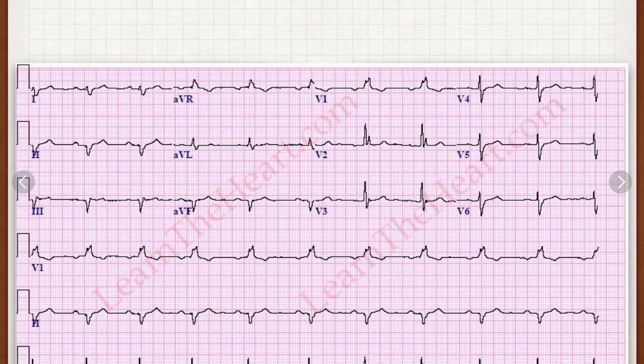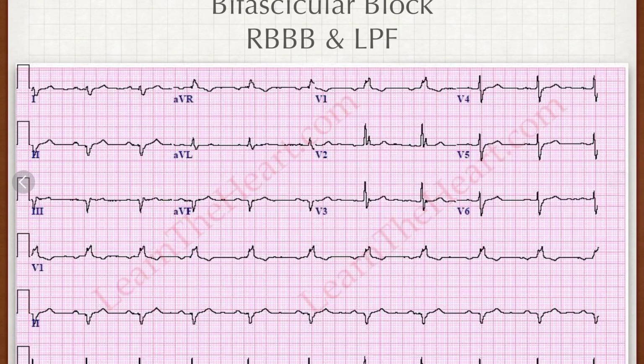Wide QRS, terminal R wave, right bundle branch block. Do I have axis deviation? I am negative towards the foot. I'm going to say a little negative on the right.